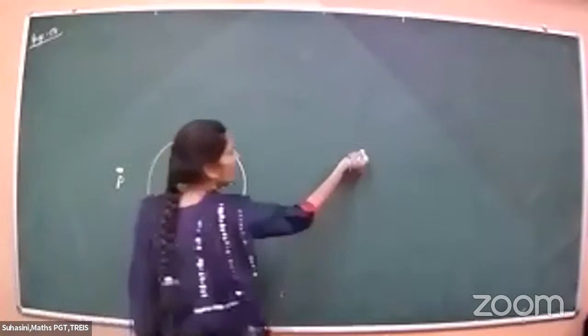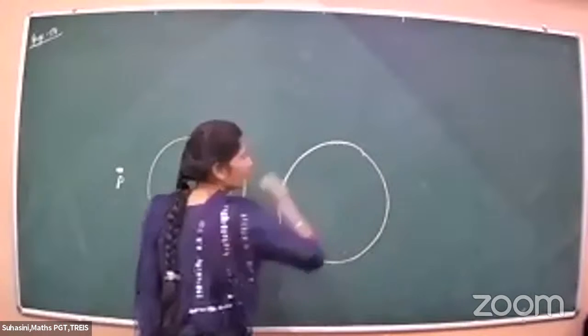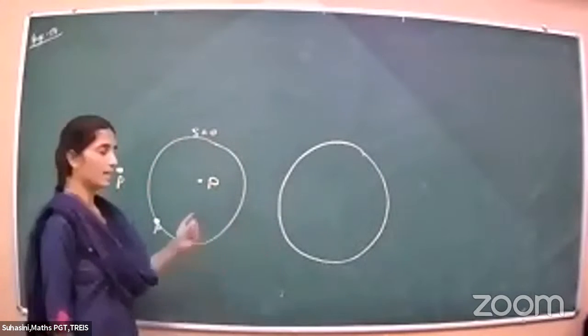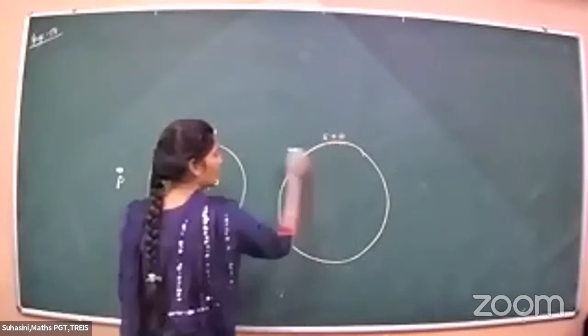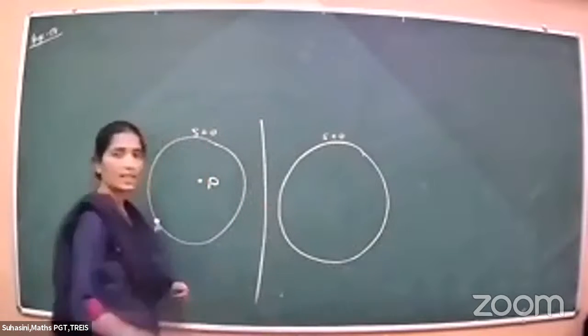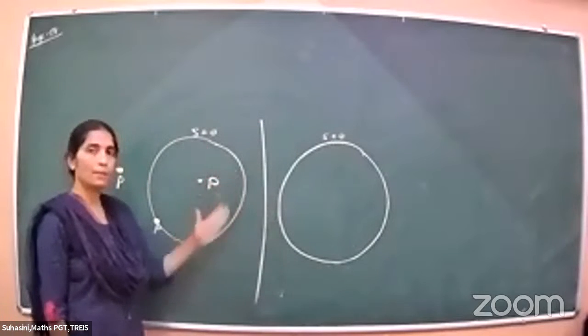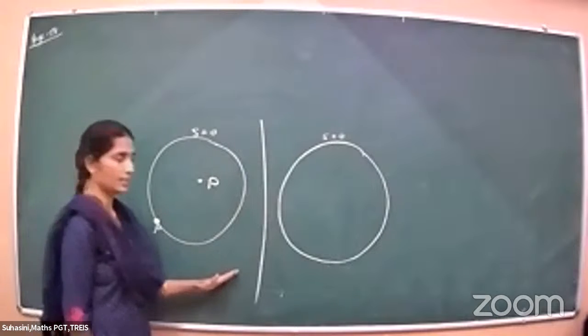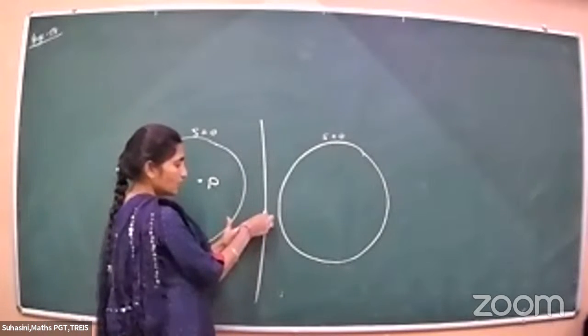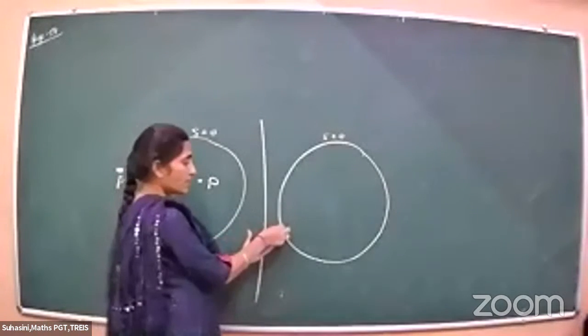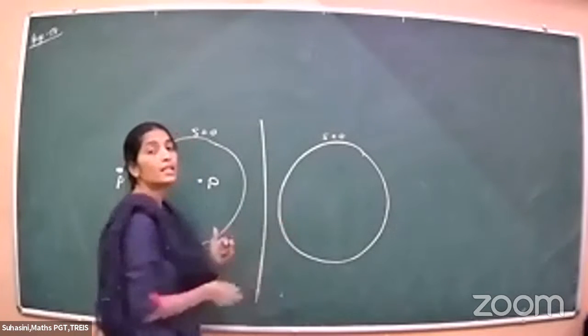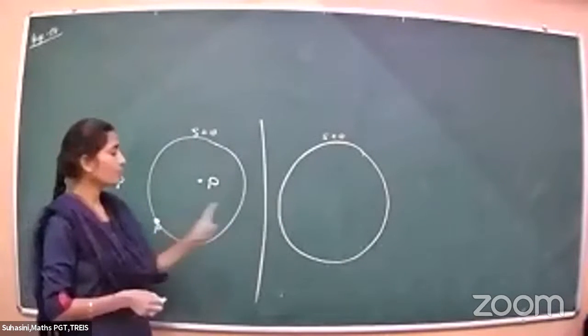Similarly, there exist three positions for a straight line with respect to the circle S = 0. What are those? The line may not touch the circle, or the line may completely be in the exterior plane of the circle. We got the relative position of the line with respect to the circle S = 0 in terms of points of intersection.